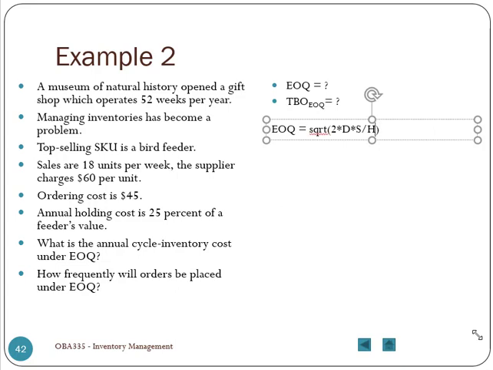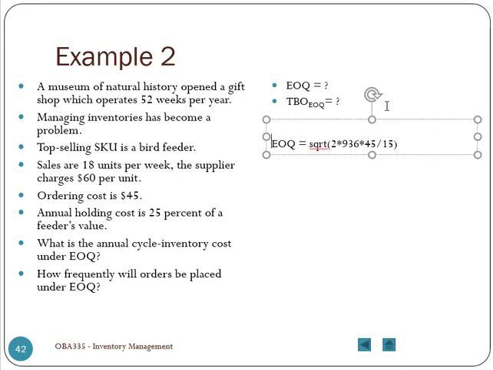So that is, demand is 936, 18 times 52, ordering costs $45 per order, holding costs $15 per unit per year, 25% of 60.